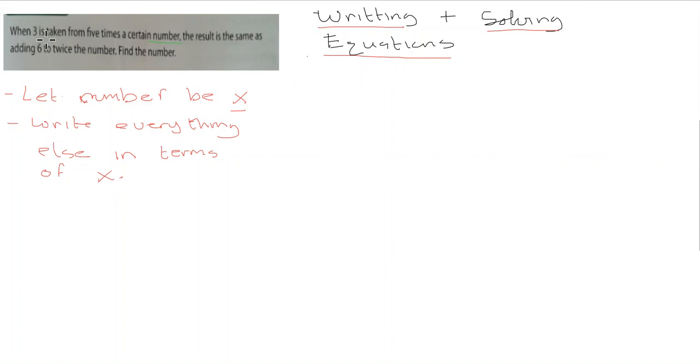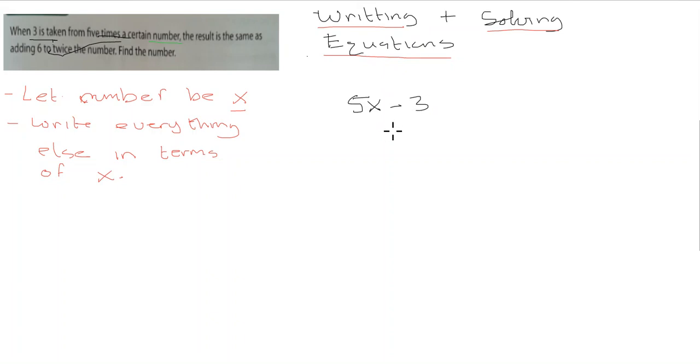So when 3 is taken from 5 times a certain number. 5 times a certain number means 5x, since the number is x. Then when 3 is taken from it, it's 5x minus 3.